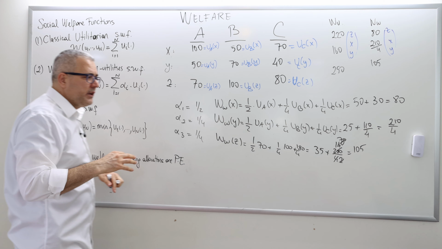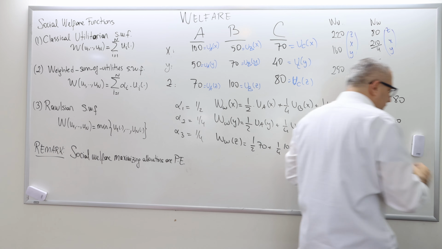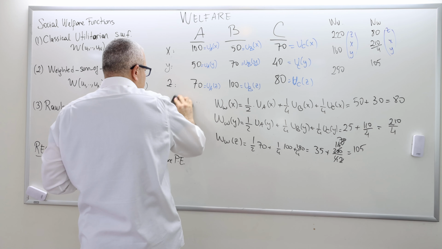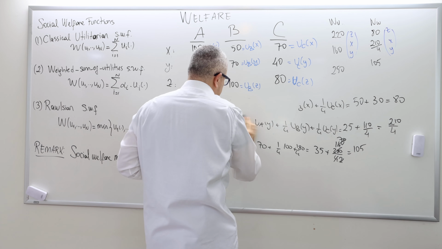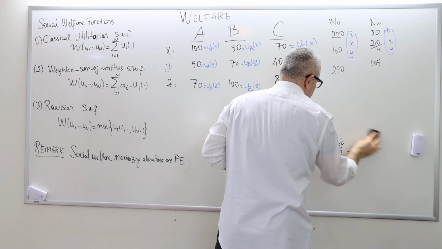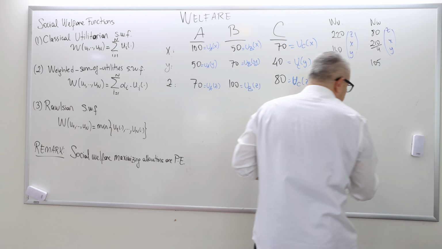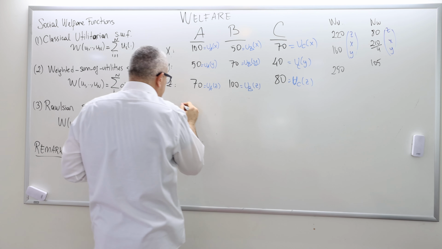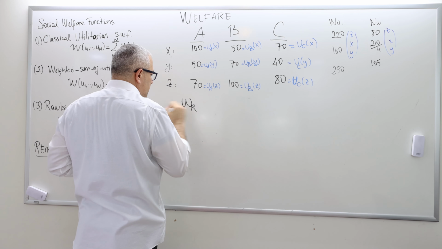And then finally, the Rawlsian social welfare function. So how does it work? Well, so let me clean this up. Okay, so I'm going to call it W Rawlsian.